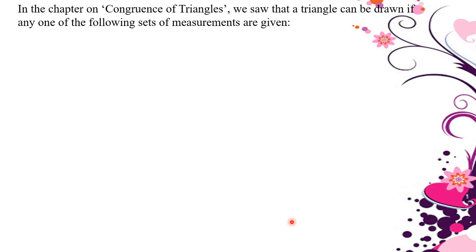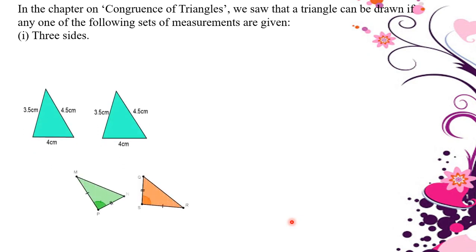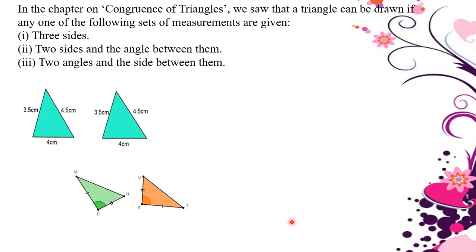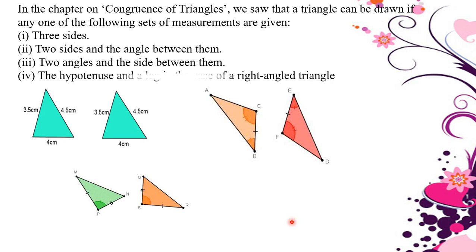Also, in the congruency of triangles chapter, we learned that a triangle can be drawn if any one of these sets of measurements is given. If three sides are given, then we can construct a triangle. If two sides and the angle included between them are given, then also we can construct it. If two angles and the side included between them are given, then also we can construct the triangle.